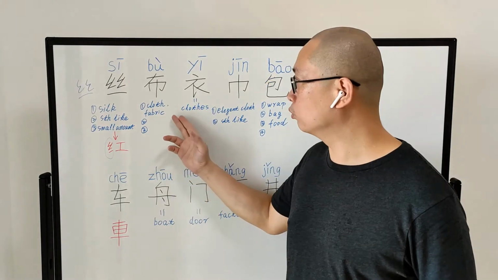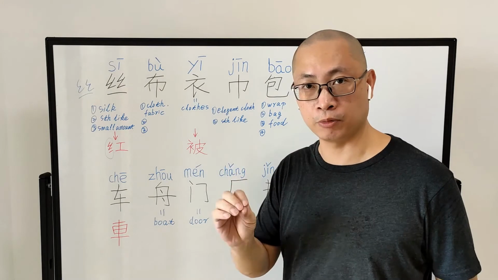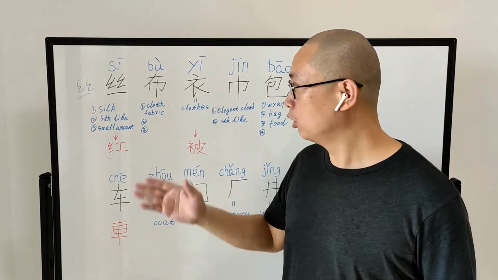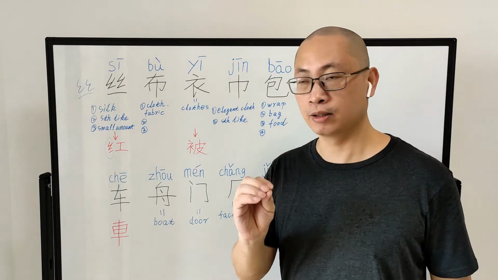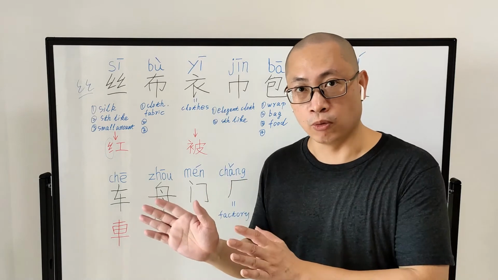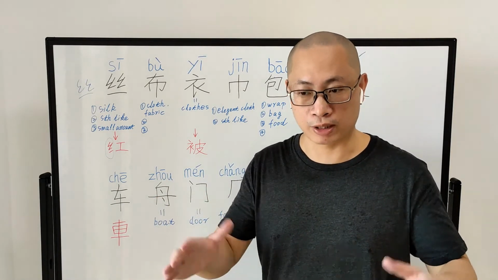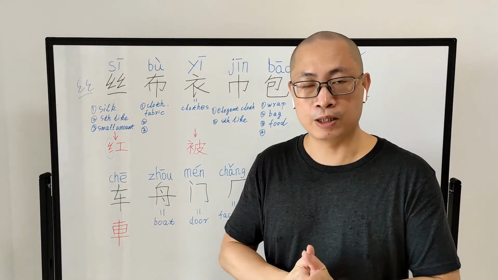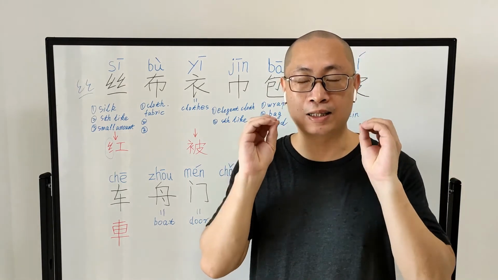Second character, 布, literally means cloth, fabric, but the raw materials do not include silk. Okay, the second meaning, think of it. What is 布 used for? 布 can be cloth, can be curtain, can be a decoration covering your table, okay? Can be a cleaning cloth. Okay, let me give you a condition like this.